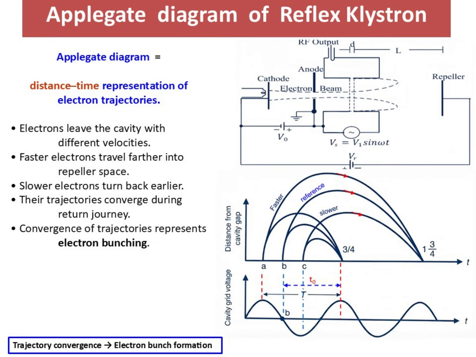The slower electron travels a shorter distance and turns back earlier. The reference electron follows an intermediate trajectory. Now observe what happens during the return journey. The different trajectories gradually move closer together. This convergence represents electron bunch formation. So the important idea from this diagram is: different velocities, different trajectories, trajectory convergence, electron bunching.